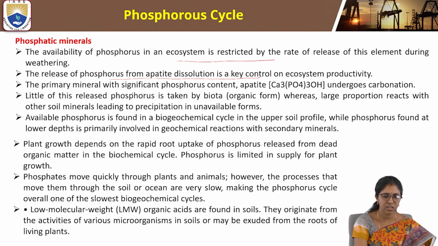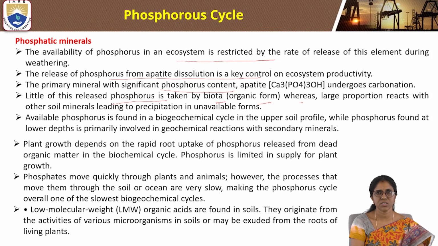The primary mineral with significant phosphorus content is apatite, that is calcium phosphate, Ca3PO4 3OH, which undergoes carbonation. A little of this released phosphorus is taken up by biota, that is in organic form, whereas a large proportion reacts with other soil minerals, leading to precipitation in unavailable forms.